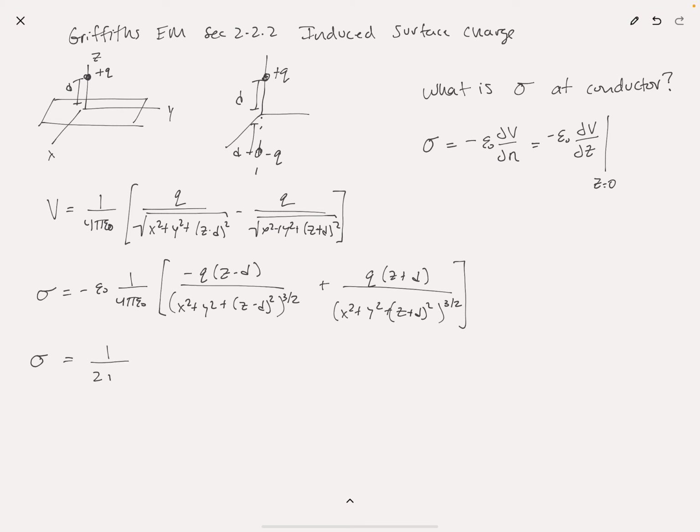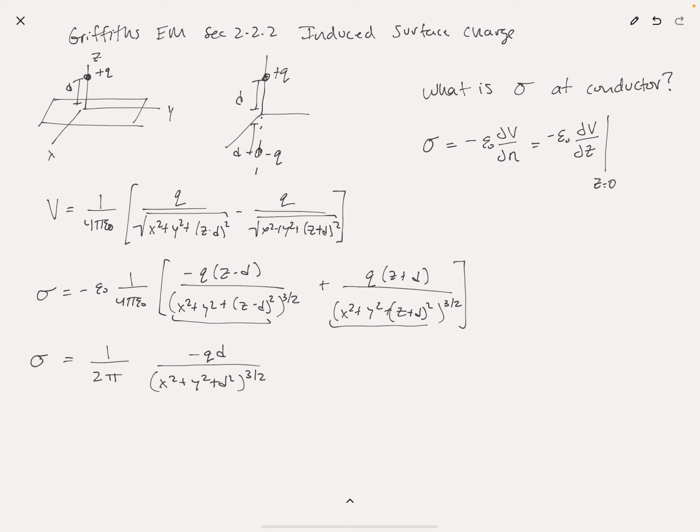1 over 2 pi. I'm going to add these, and they look exactly the same. The denominator will be the same, so I can have one fraction instead of two. It's going to be minus qd over (x squared plus y squared plus d squared) to the 3/2. There's two of them, and the 2 cancels the 4 at the bottom.